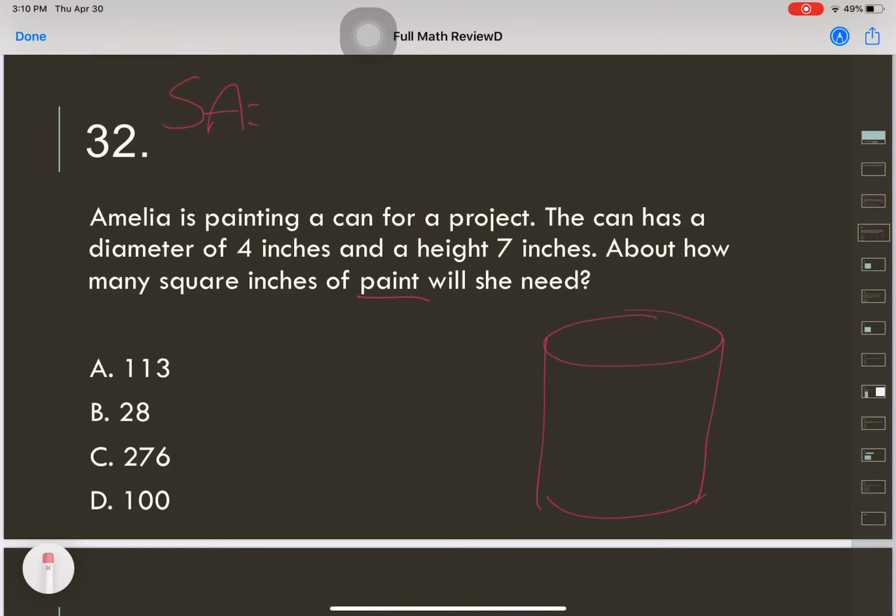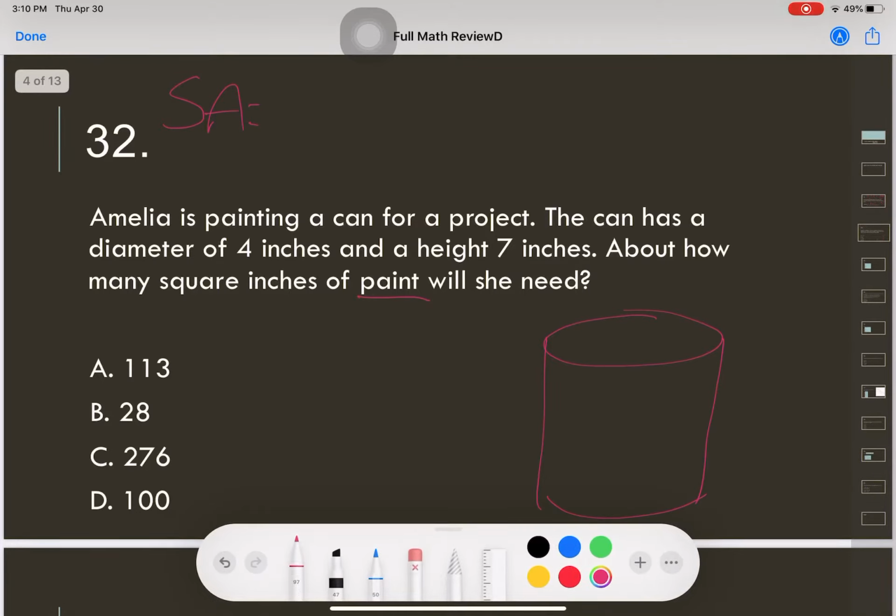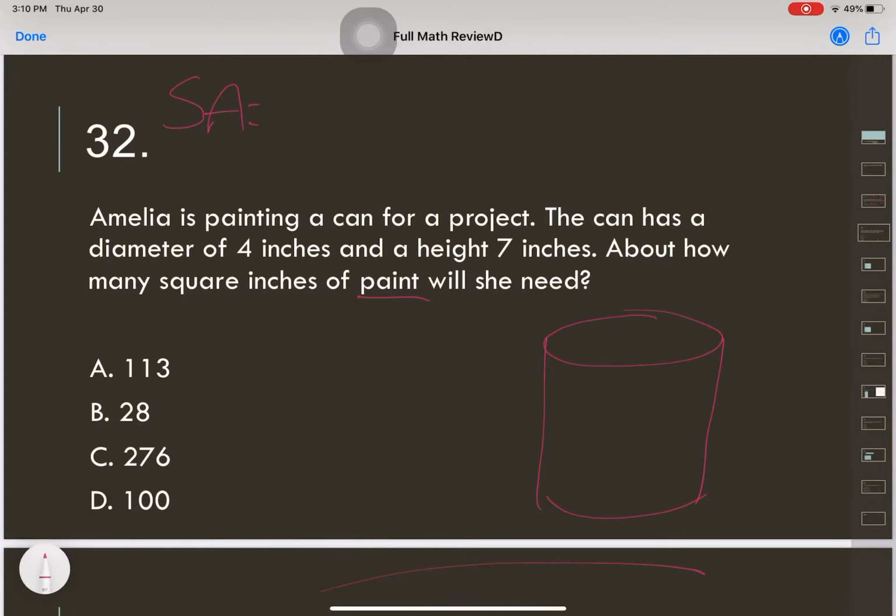So surface area is 2 times pi times r squared, plus, sorry, because the 2 times pi times r squared is the top circle and the bottom circle, which you can't really see.